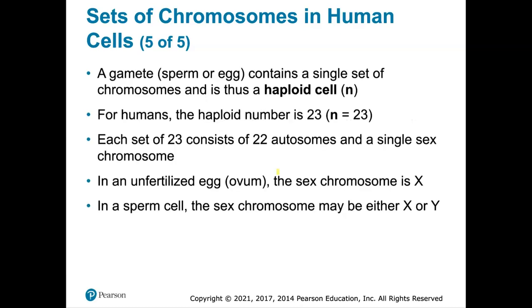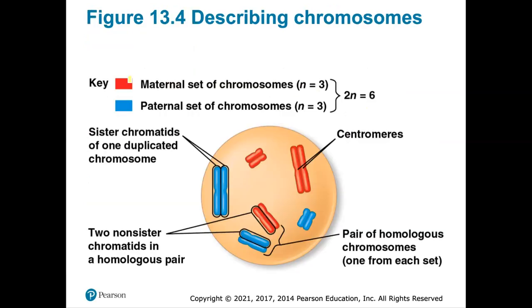And then in the gametes, we use the term haploid, which is just an N, and it's 23 in humans. That will represent the chromosomes in the gametes, or the sperm and the egg. They're going to have the haploid number, and all the other somatic cells are going to have the diploid number of chromosomes.